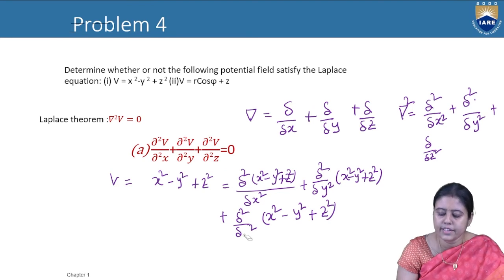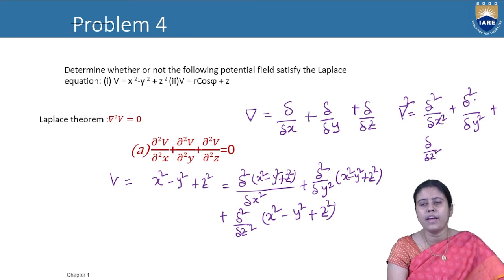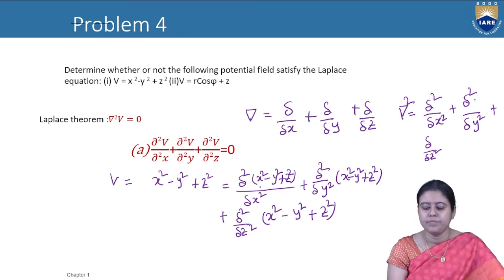What will be the integration? First integration, as this is with respect to z, the x term and y term will be 0. So we will get 2x.